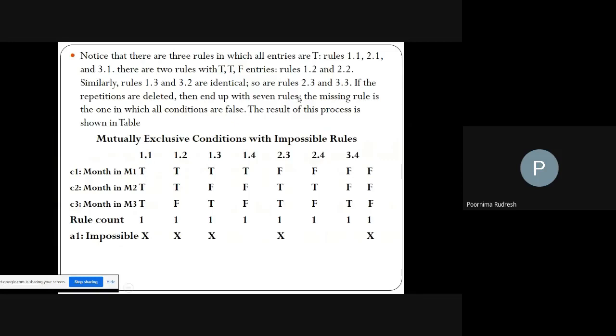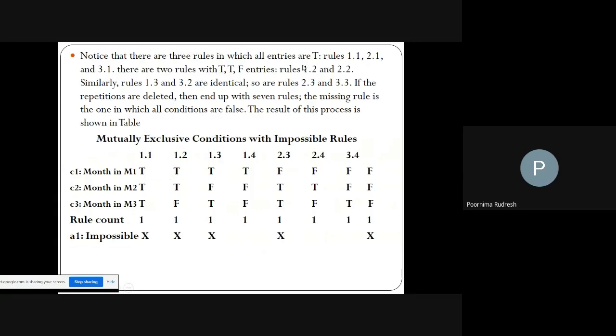Understood why the mutually exclusive conditions consist of very few rules? Because the rules which are redundant or repeated with the same values are merged into a single rule. So for 1.1, 2.1 and 3.1, all the entries in the table have the same values, hence we are considering only the 1.1.